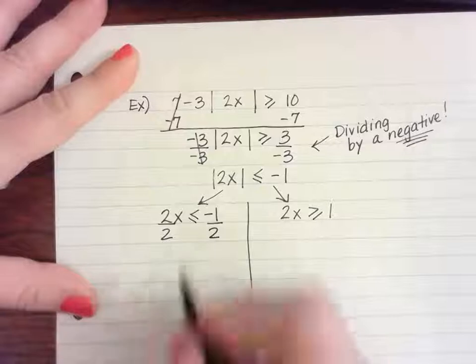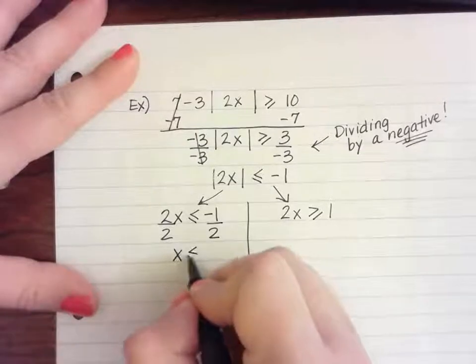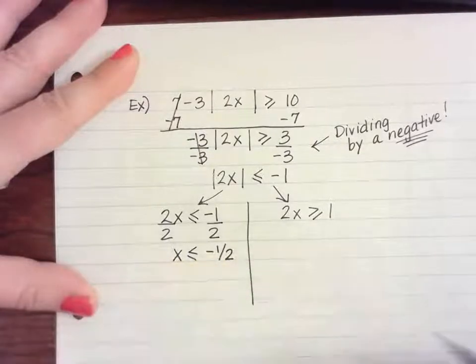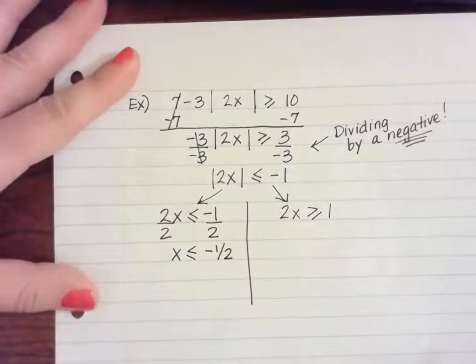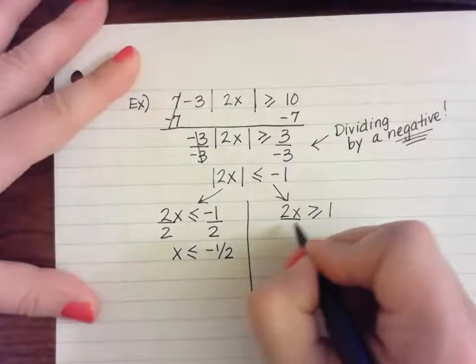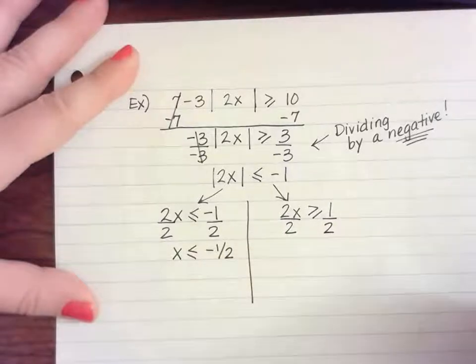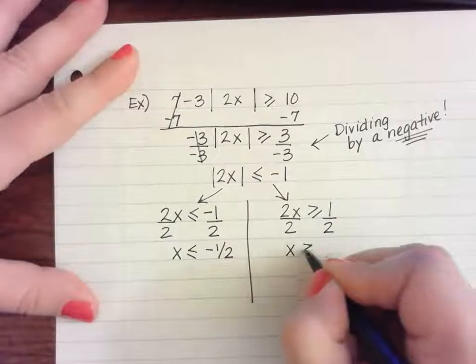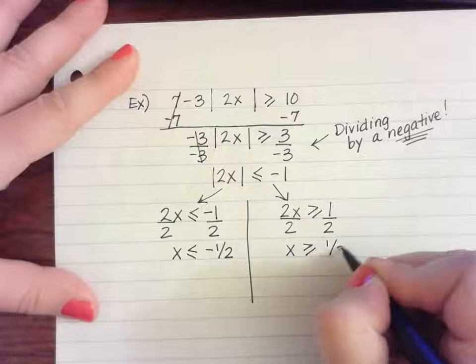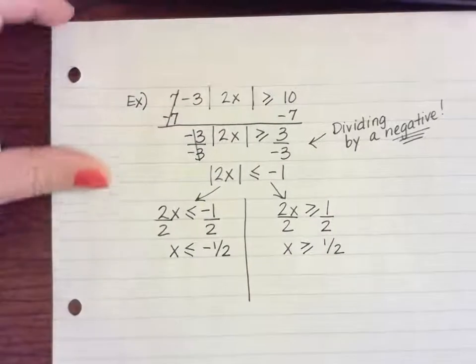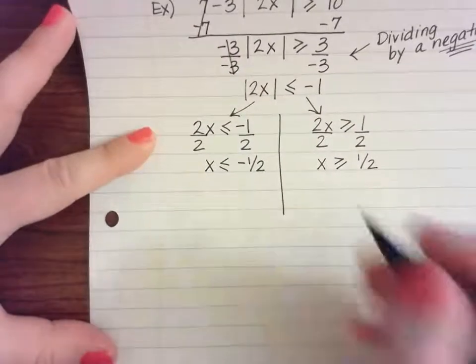I'm dividing by a positive 2, so I don't have to flip for this. So x is less than or equal to negative 1/2. And then I'm going to divide by 2 on the other side and get x is greater than or equal to positive 1/2. So let's look at the graph for this one.